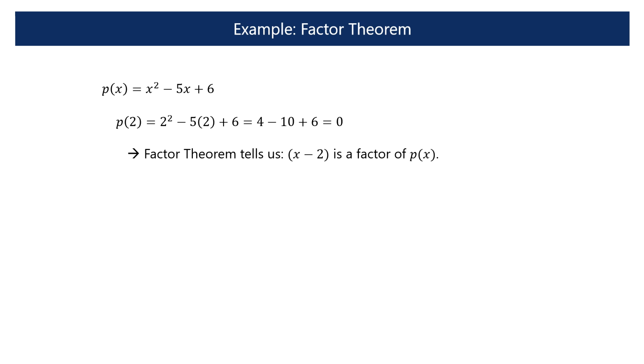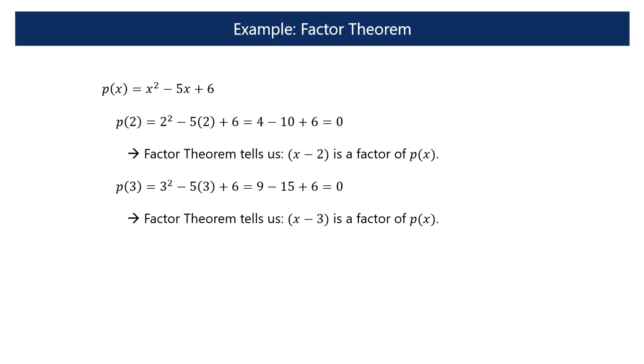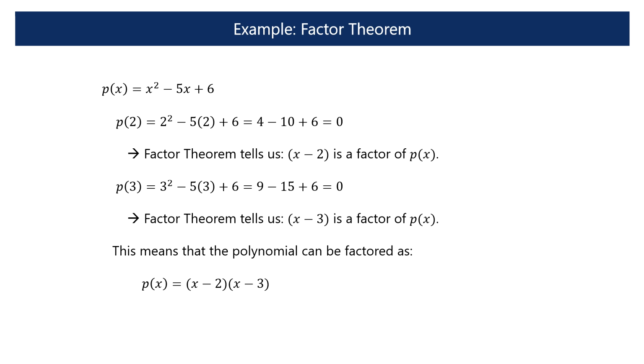If we check p(2), we can say it is 0. Similarly, here p(3) equals 0, so x minus 3 is also a factor. This means the polynomial can be factored in this way.